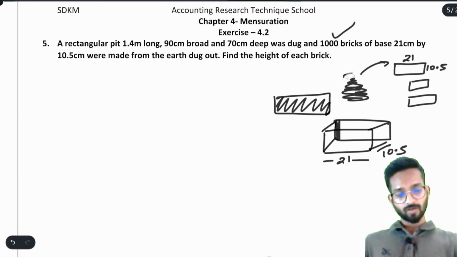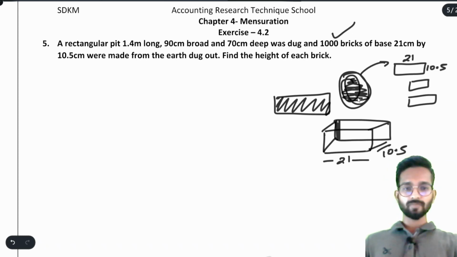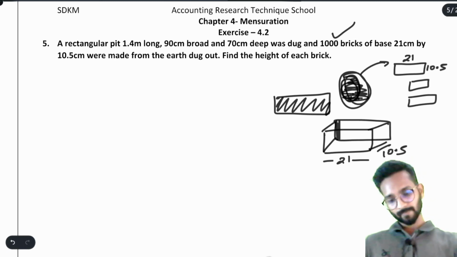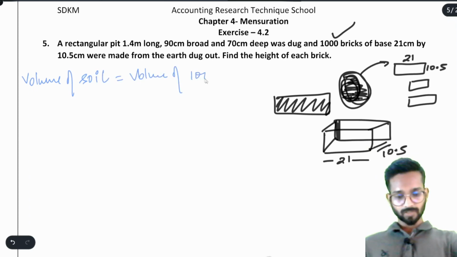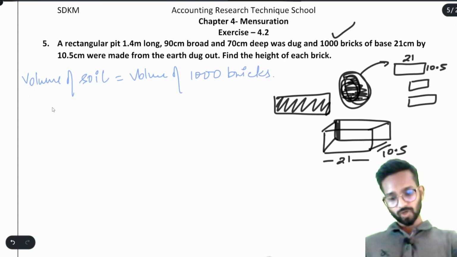Now understand, whatever soil we have, if we use the complete soil, we can make 1000 bricks. So it means whatever is the volume of that soil, it is equal to the volume of the bricks. So volume of soil is equal to volume of 1000 bricks. Simple. Remember this is in meters, this is centimeter, this is centimeter.